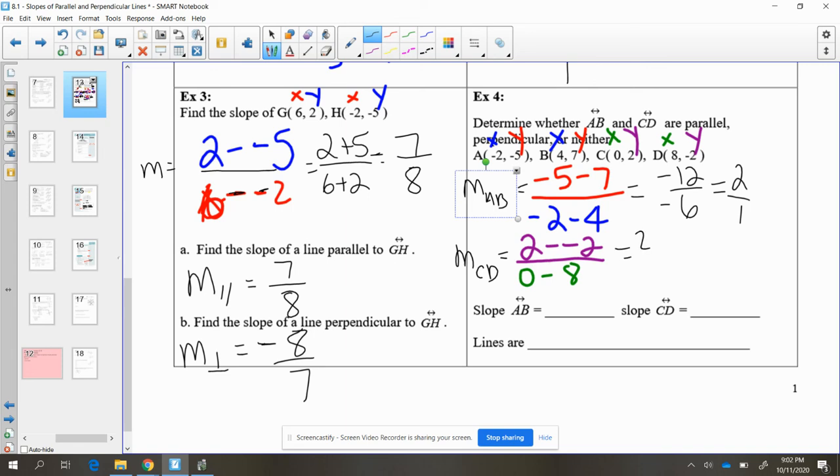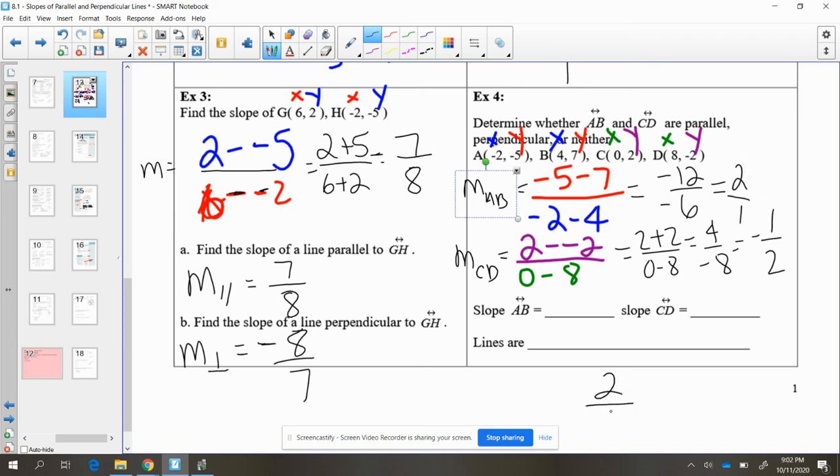So a reminder, minus a negative turns into addition. So you end up with 4 over negative 8, or negative 1 half.